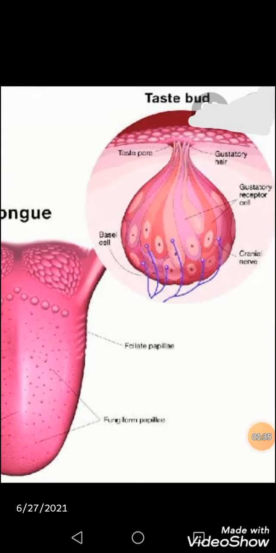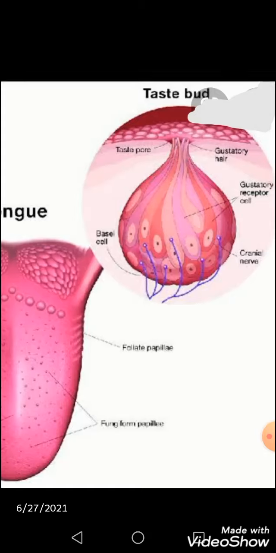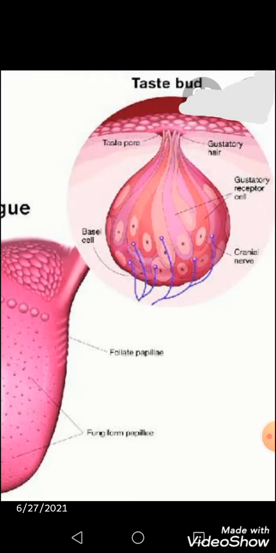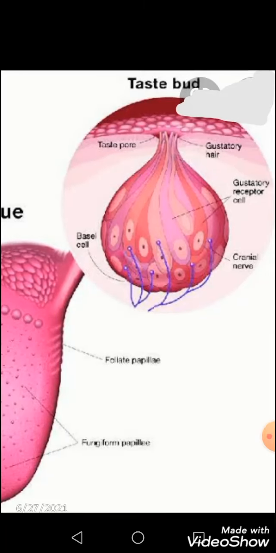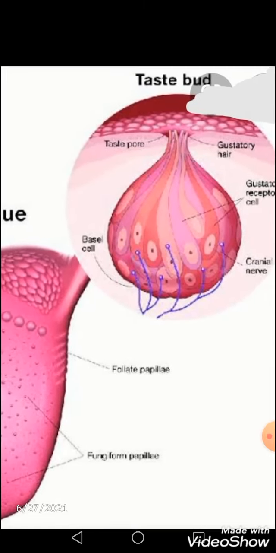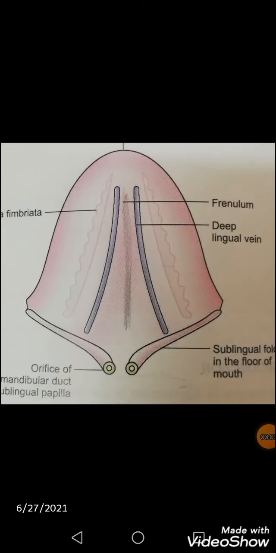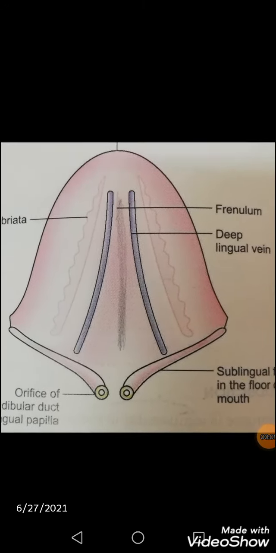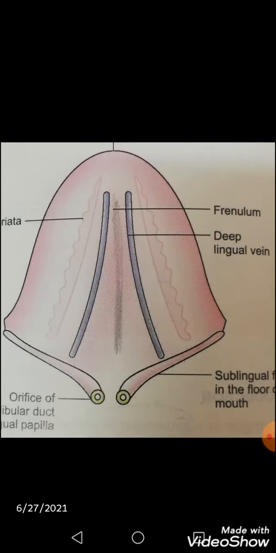Now here lie the taste buds, which are buried in these papillae. They are laden with 3 varieties of cells: the basal cells, the sustentacular cells, and the gustatory cells. This is the inferior surface of the tongue, in which you can see the midline frenulum, and on the adjacent side of it there lie two deep lingual veins, right?